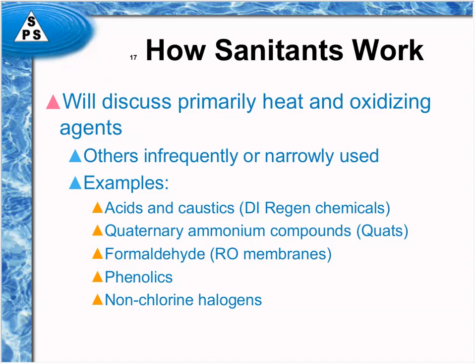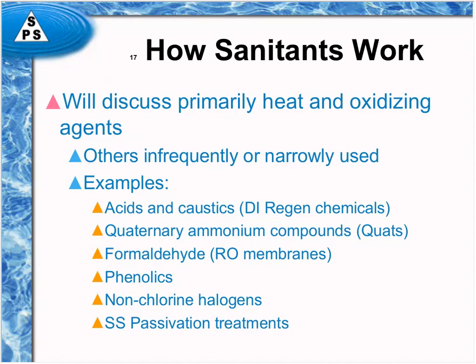But for water systems, it's not really economical to use the non-chlorine halogens because they're just too expensive. And they're not as aggressive. The other halogens are the heavier halogens, and they don't have as high an oxidation potential.